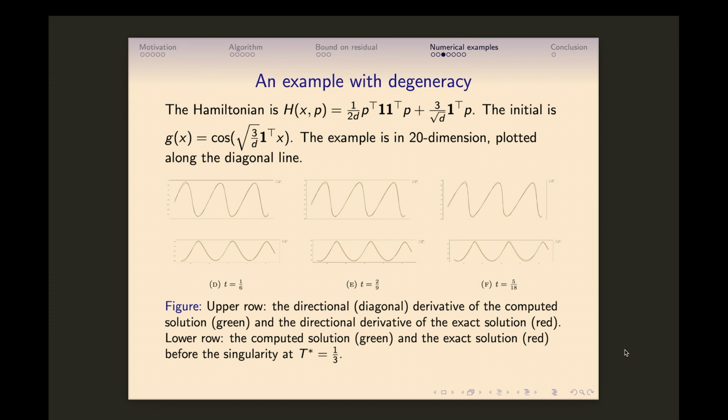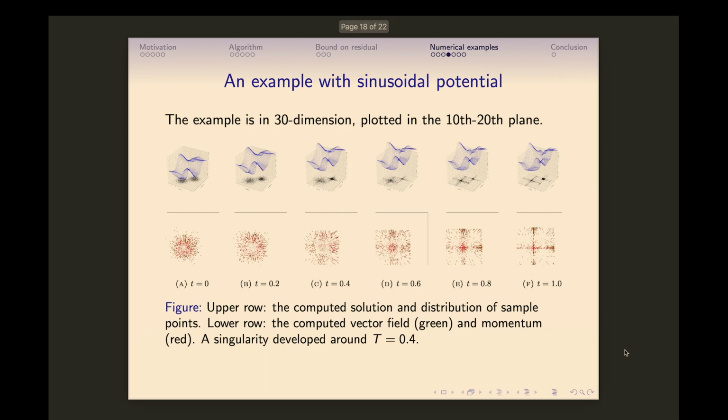This is one of the challenges in higher dimensional computations: we don't really know what the best way is to show the examples. This is a situation where you have a 30-dimensional sinusoidal potential, which is kind of complicated. Initially it is two Gaussians, and you can see the computation forming, and you do see the singularities coming out if you project it down.